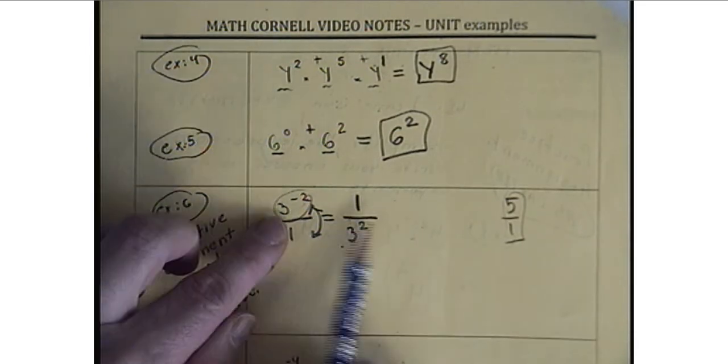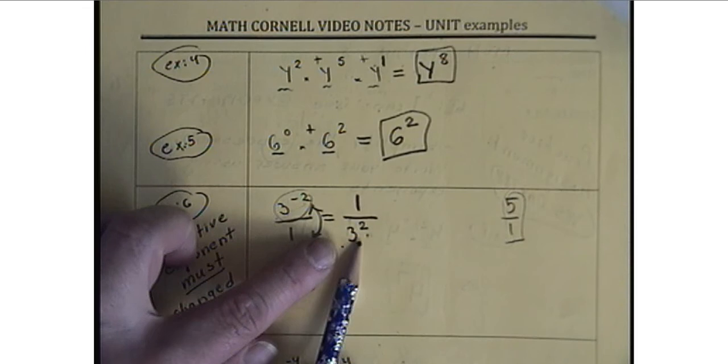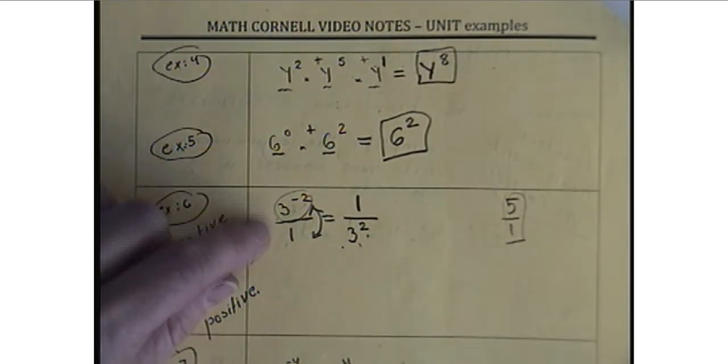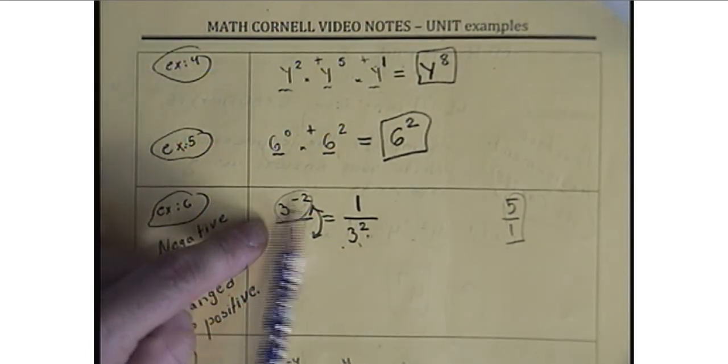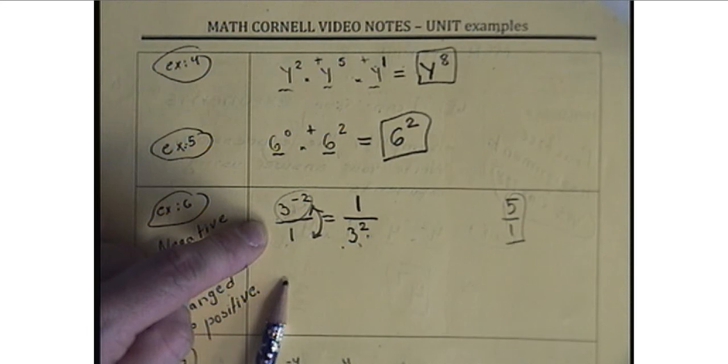So the only way to change from negative to positive is when you flip the numerator to become the denominator, and if the negative power is the denominator, then you put it back as a numerator. Or sometimes I use the words upstairs and downstairs, so if we have the upstairs negative exponent, we move it downstairs to make it happy and positive, and the other way around.